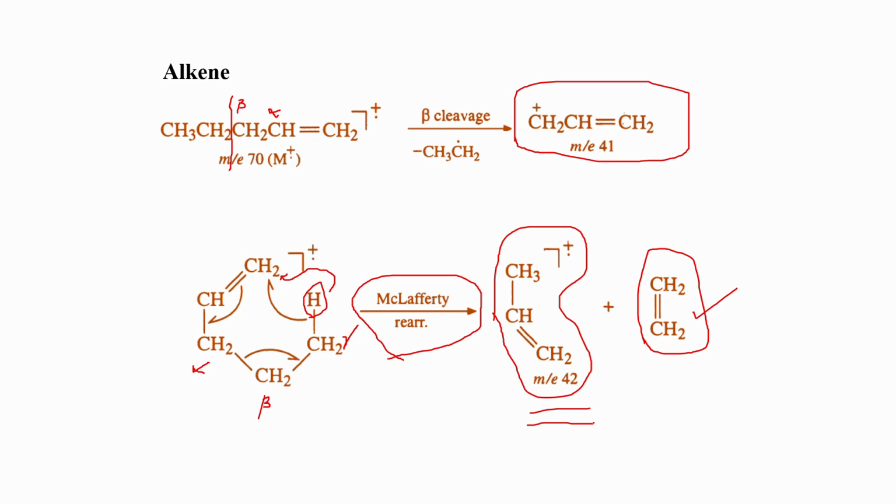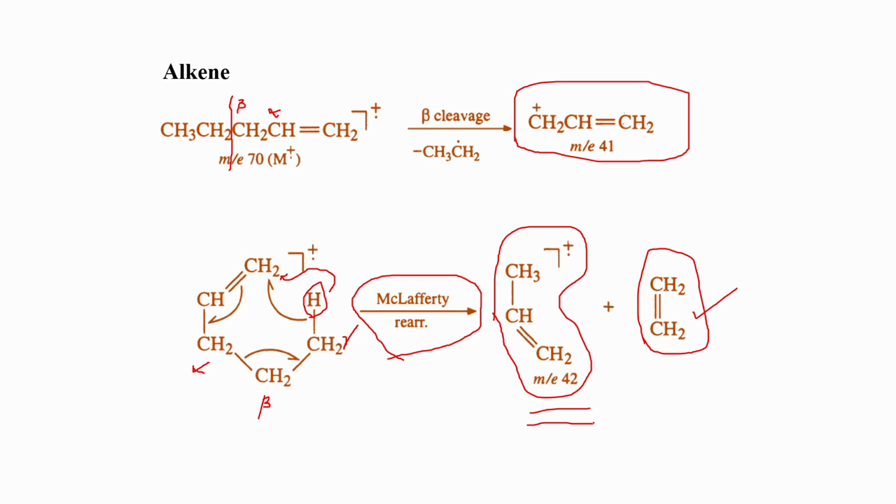So the prominent peaks during the fragmentation of alkenes are one at m/e value 41, which is due to the beta cleavage, that is the allylic carbocation, and another important cleavage is gamma hydrogen abstraction with beta cleavage, which is actually McLafferty rearrangement.